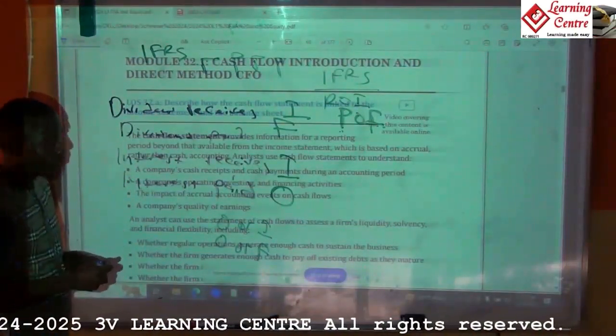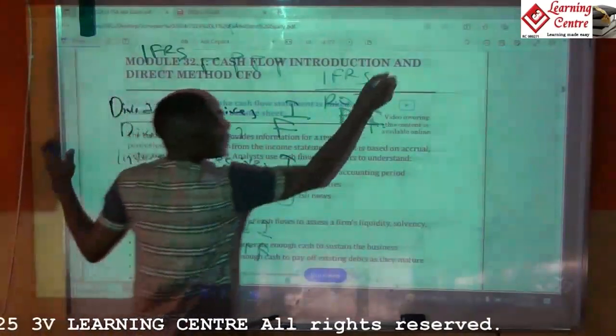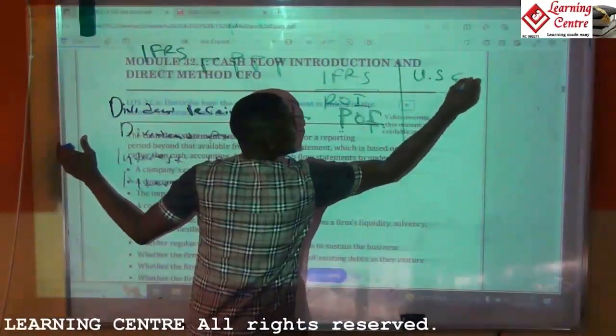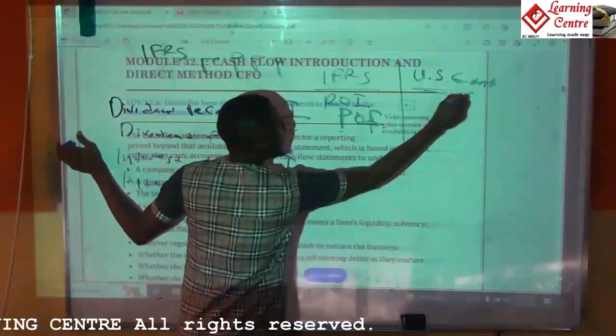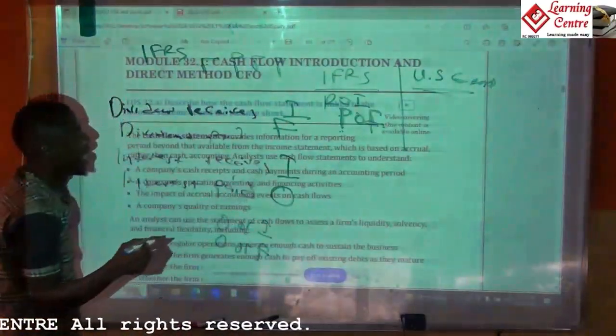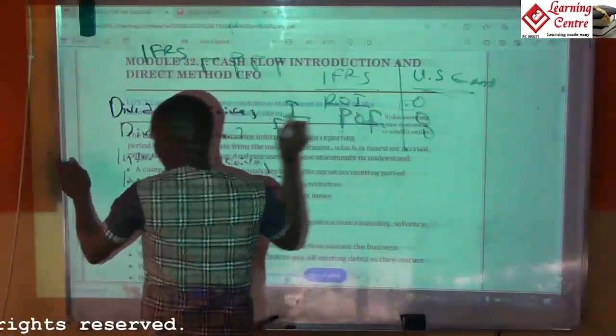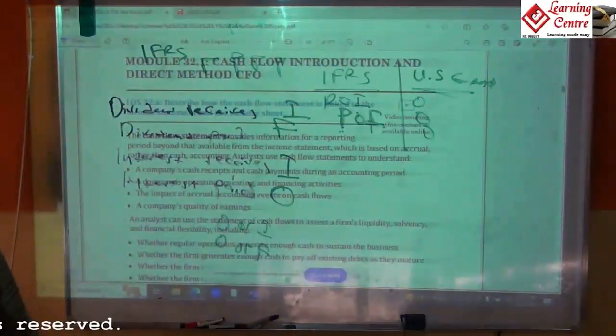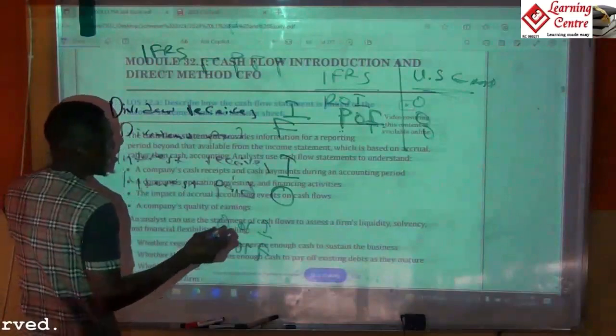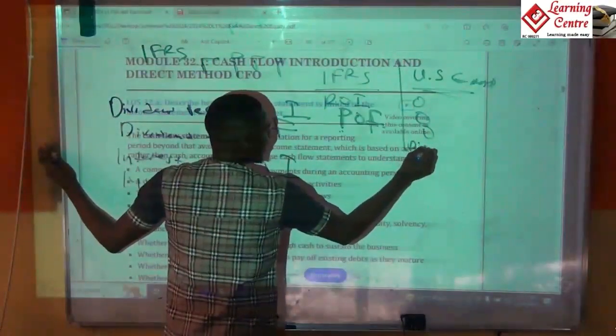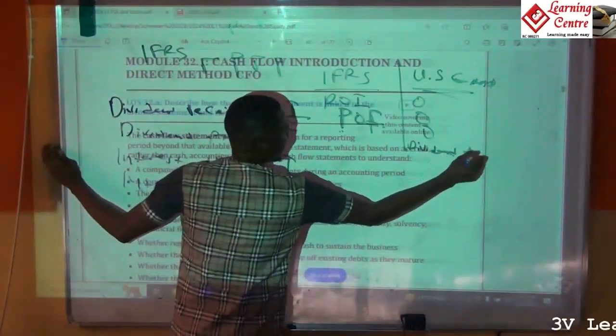Are you fine? While for US GAAP, everything is under operating, except dividend paid, which is under financing. So any dividend paid, that is financing.